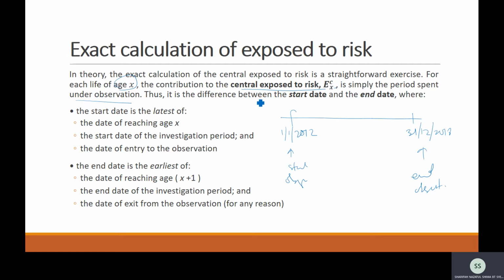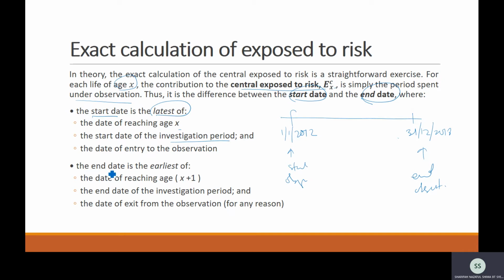So it is the difference between the start date and the end date, where the start date is the latest of the date of reaching age x, for example the date of reaching age 31, the start date of the investigation period, and the date of entry to the observation.